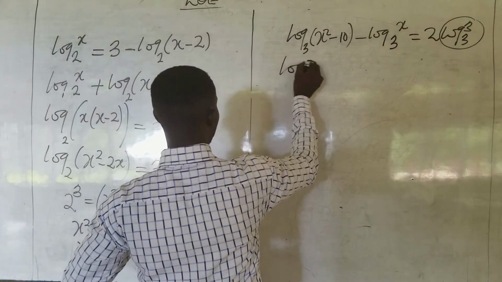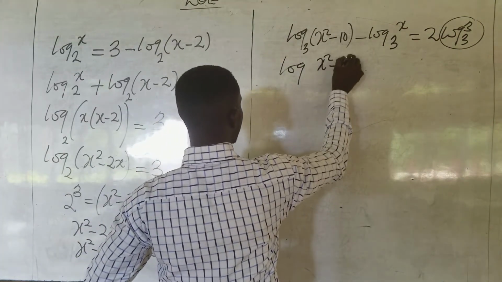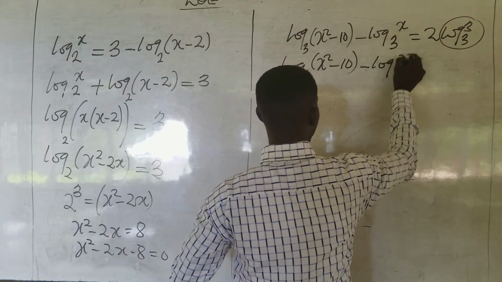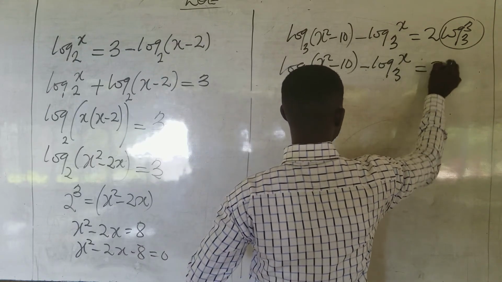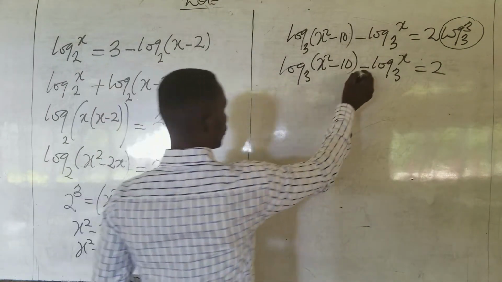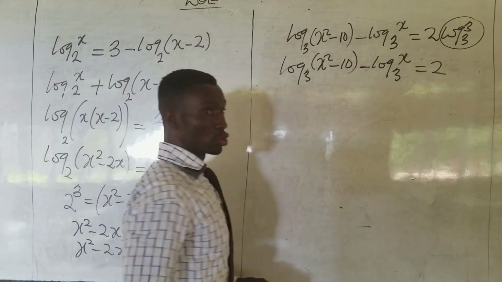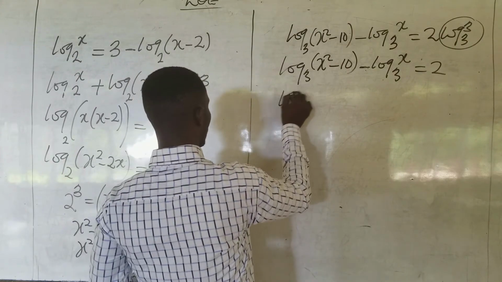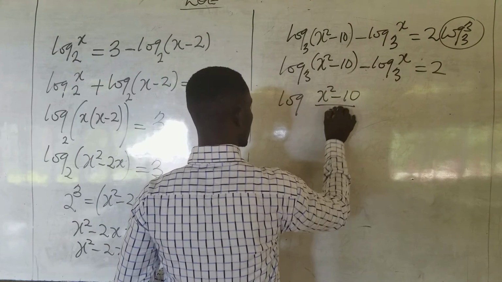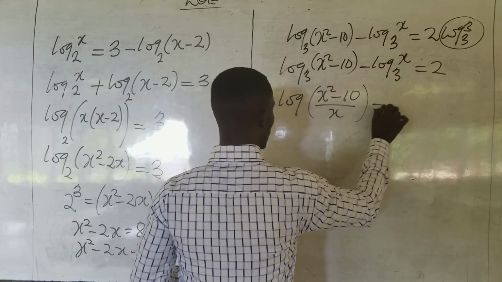So we shall write log x squared minus 10 base 3 minus log x base 3 is equal to 2, because here this one is 1. Now we are told that whenever you are subtracting, you divide. So log x squared minus 10 over x is equal to 2.